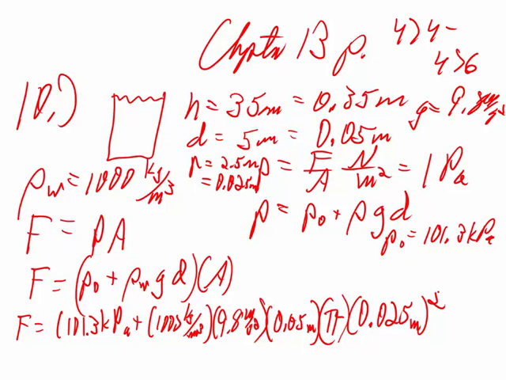Hopefully everything is correct. Now let's do all that horrific arithmetic. We should come to an answer of approximately 200 newtons. Let's see what it exactly is. Let's double check our calculations here.